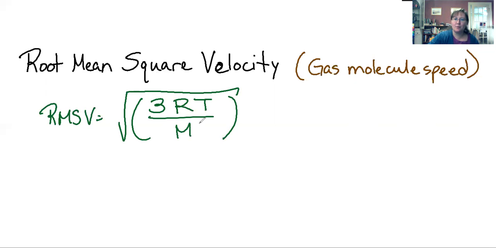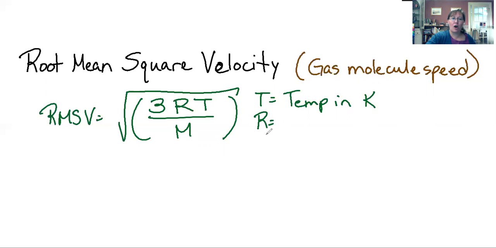But this is where things get a little bit tricky. First of all, T has to be temperature in kelvins. We said that that wouldn't change. But now for this problem and for next chapter, we're going to learn a new R value. It's different because it's not liter atmosphere per mole Kelvin, it's joules per mole Kelvin.